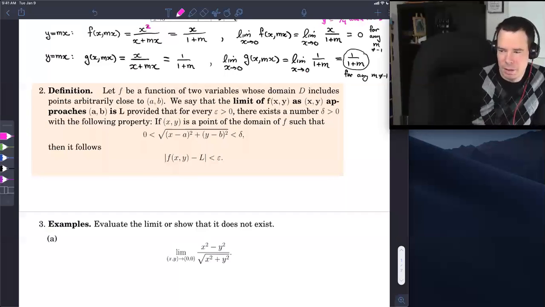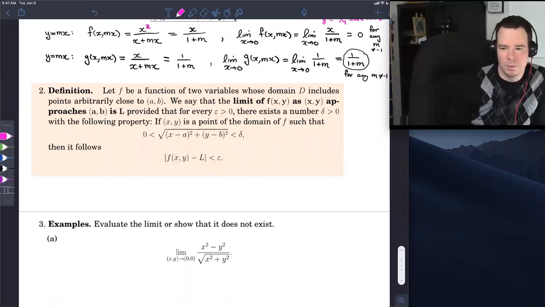So we say that the limit of f of xy as xy approaches a, b is L, provided, and I'm just going to paraphrase this here, provided we can get our function values as close to L as we like by taking our inputs as close to a, b as we like.